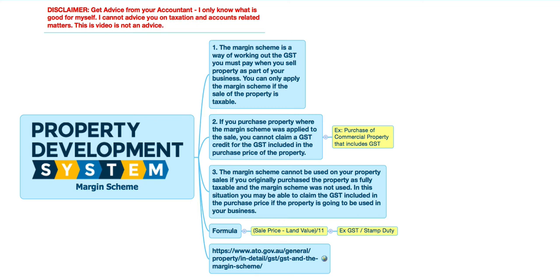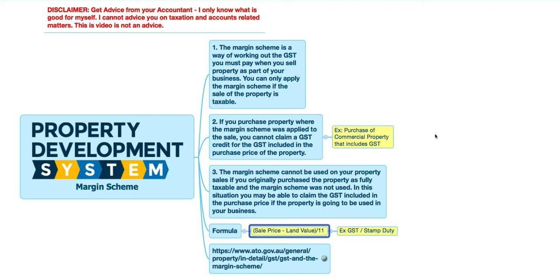So in a nutshell, before I start reading again, I'll just explain. A margin scheme is basically when you buy land, it is this formula here: sale price less land value, divide that by 11, and that's the GST. Rather than paying the full GST, you take out the value of land, and you pay GST on the value that you've added to the block.